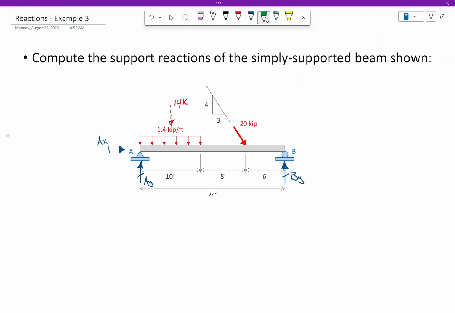Okay. Let's do it like that. What is that dimension right here? 5 feet. 5 feet. Okay, just halfway over. Okay, that part's pretty easy.